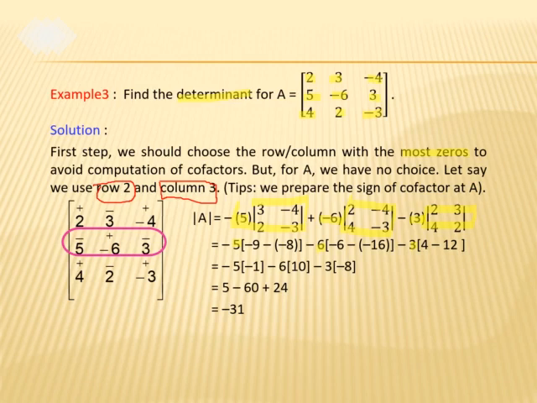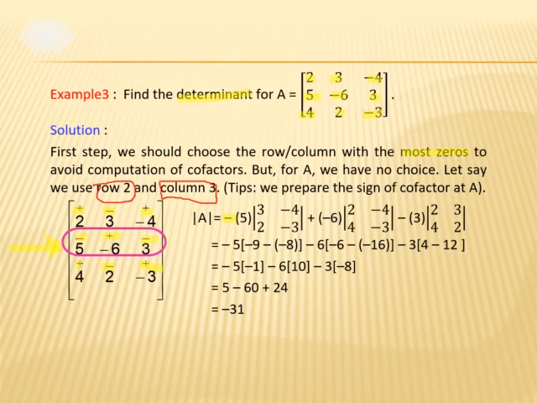For determinant, you can choose whether you want to use row or column. But for this one, I will show it to you both column and row. First tips, we prepare the sign of cofactor at A. So we plug in the positive negative here so that easy we write down nanti. Okay. So how to write down the solution? First, we write down the sign of cofactor because we choose row 2.